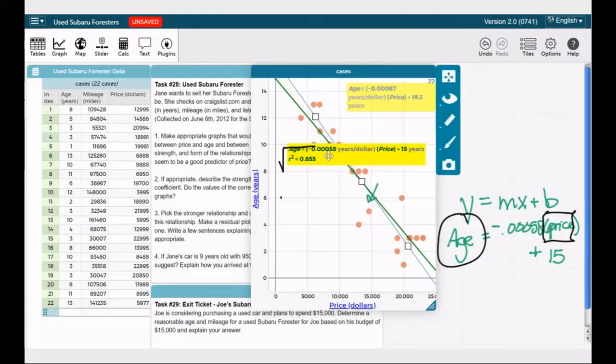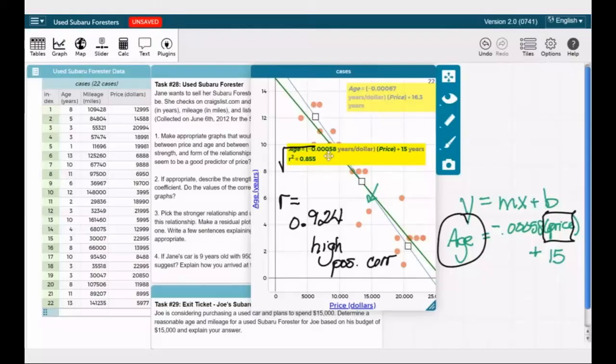So, on your calculators, what is the square root of 0.855? 0.924. Okay. 0.924, that's pretty close to 1. So that is a very high positive correlation.